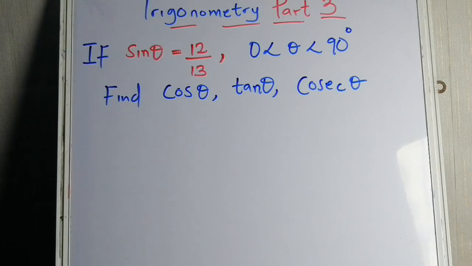And don't forget, I've said cosec theta is not the same thing as cos theta. I intentionally put that here so that you can get the understanding of what we've done in trigonometry part 1 and part 2.